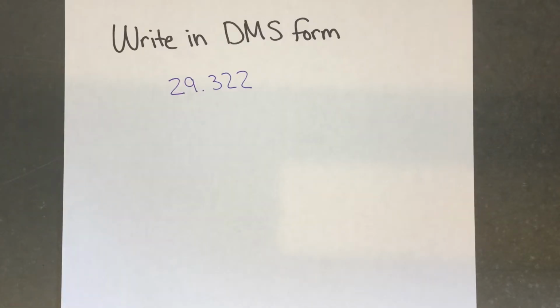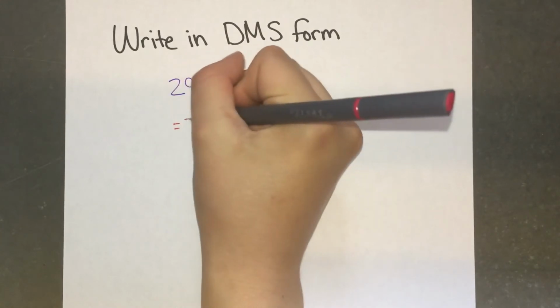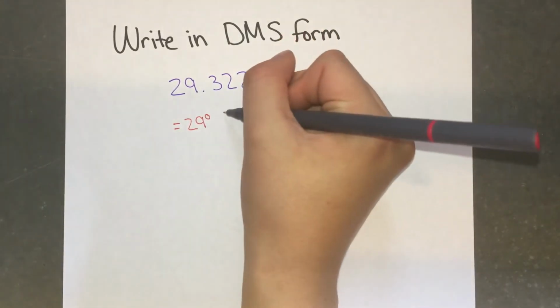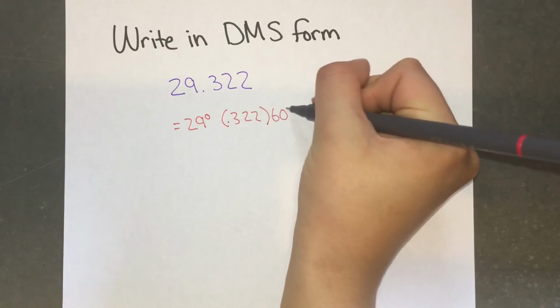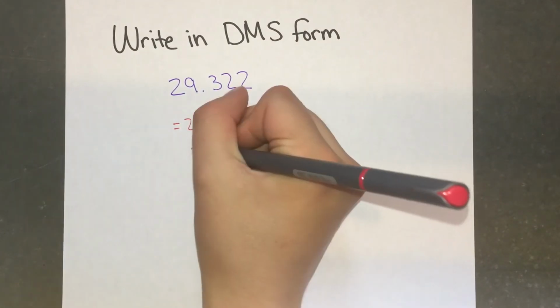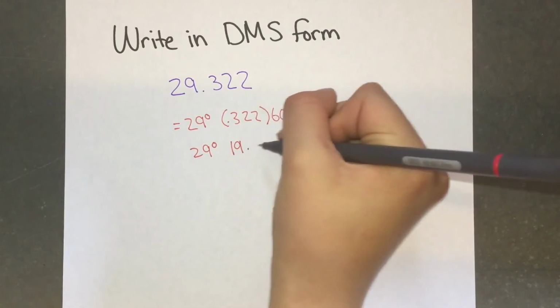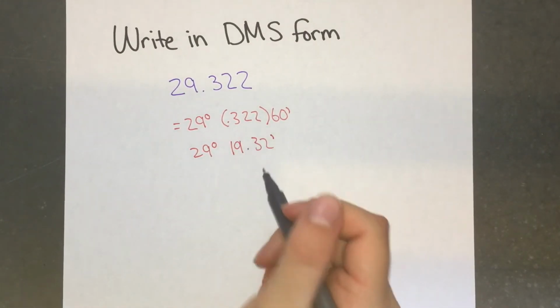Next, we're going to be finding the DMS form from the decimal form. So here we have 29.322. So we're going to write the 29 right off the bat in degrees. So it'd be 29 degrees. The next thing we want to find is the minutes. So let's take this 0.322 and we're going to multiply it by 60 and we're going to find the minutes. So we have 29 degrees and then we have 19.32 and that would be mostly our minutes.